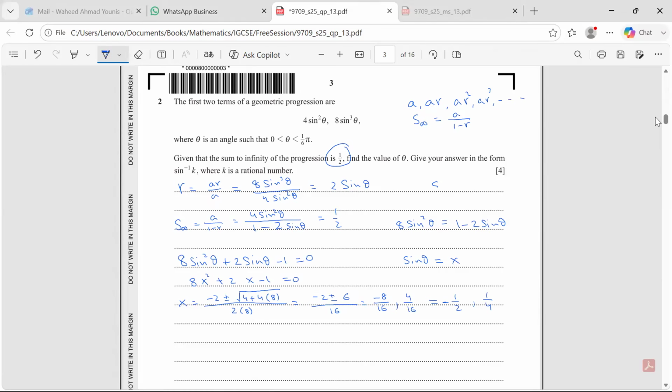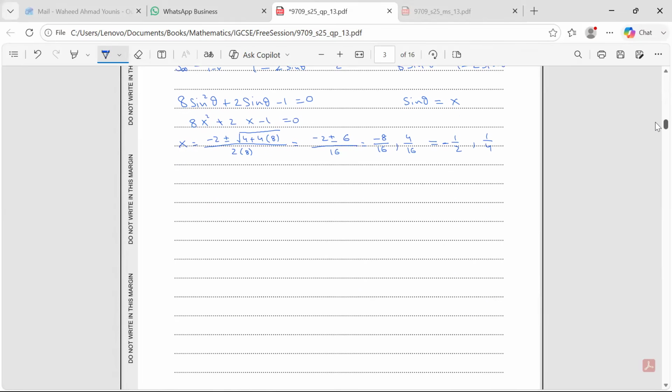Now, we know that theta is between 0 and pi by 6. So from this information, you see sine theta goes something like this, between plus 1 and minus 1.